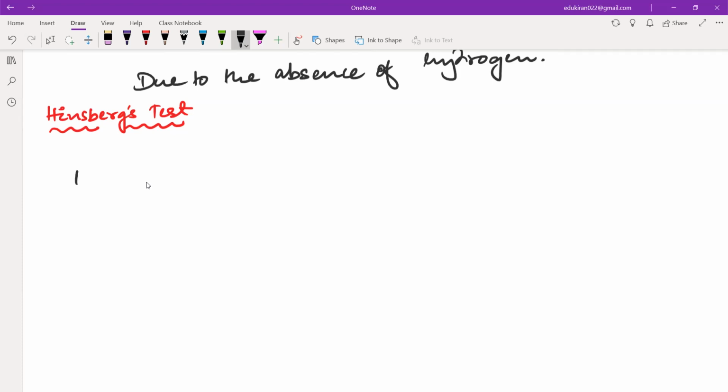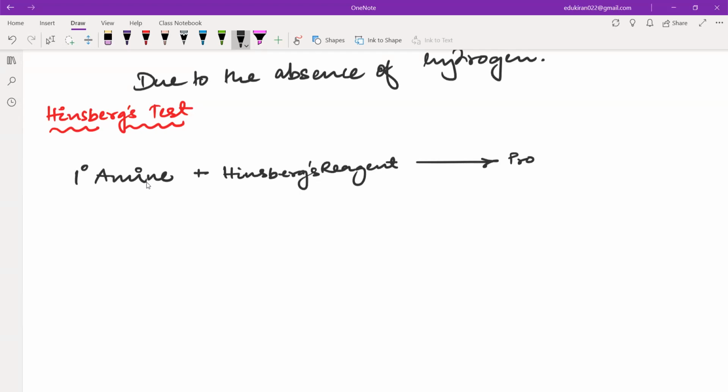So when you have 1 degree amine and you react this with Hinsberg reagent, the product that you are going to get is going to be soluble in water.